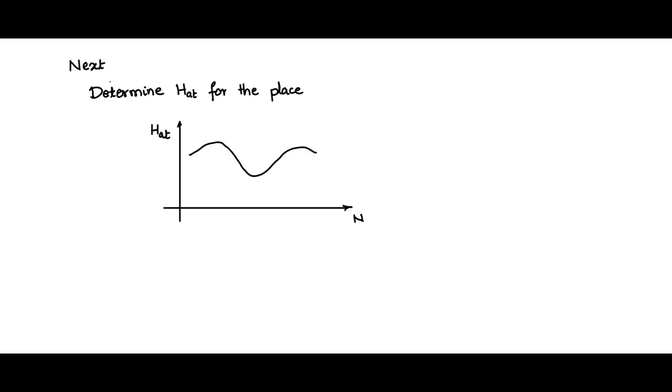So you will probably get a curve like this. This is the curve which goes from Jan 1st onwards to December 31st, N is equal to 365. So somewhere, let us say we have a minimum.